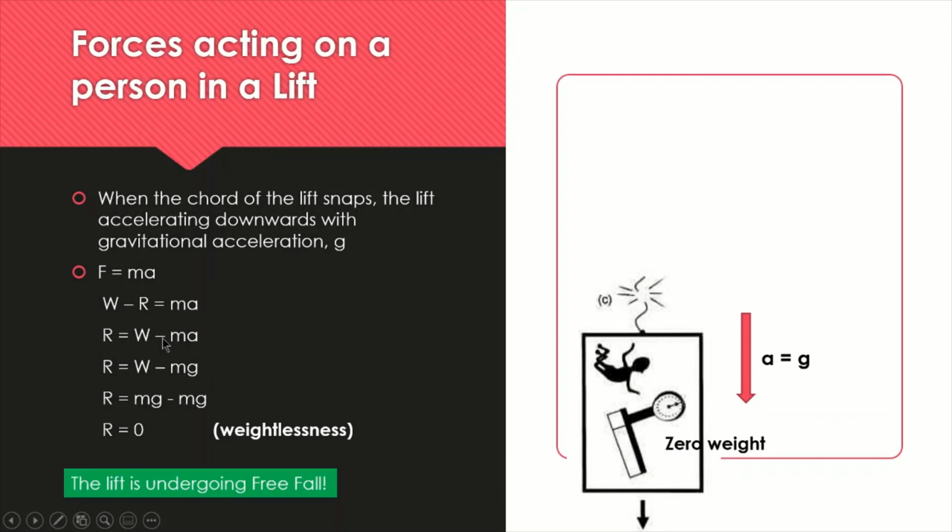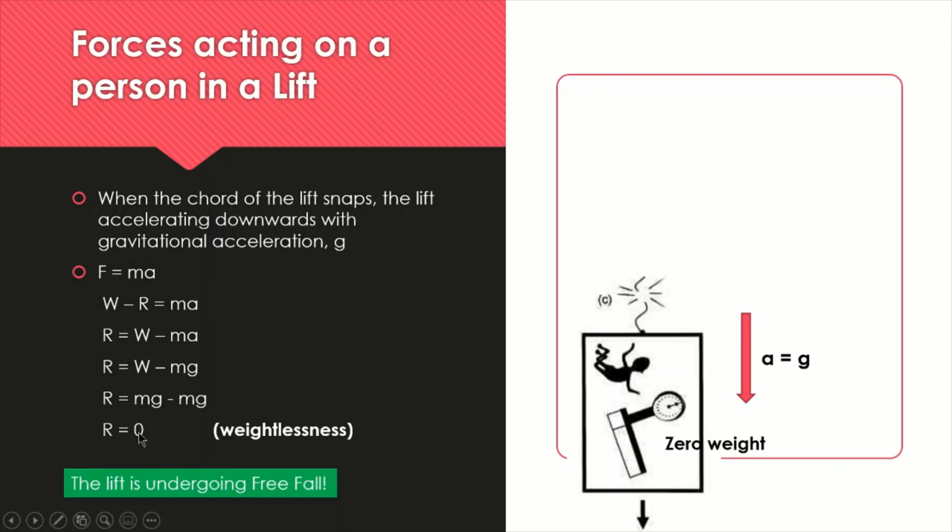So R equals W minus mg. But what is W? W is also mg, the gravitational acceleration acting on the mass. So R equals mg minus mg equals 0.